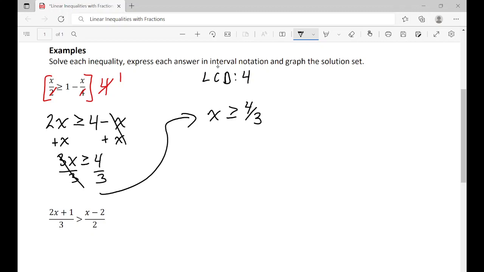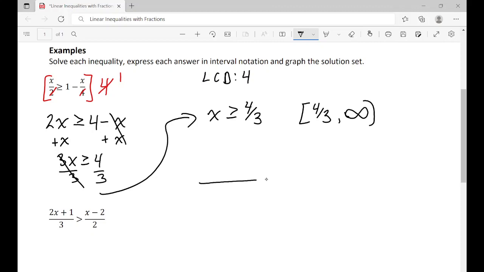So in interval notation, I see this is a greater than or equal to sign. So that means I'm going to have an answer that is bracket 4/3 because of the equal to sign. And since it's pointing to the right forever, I have an infinity with a parenthesis.